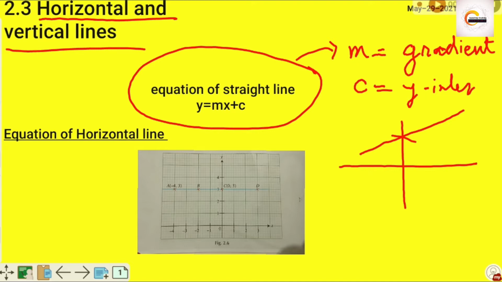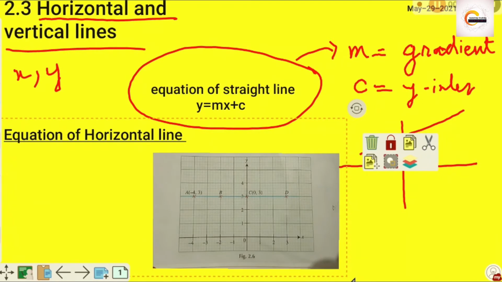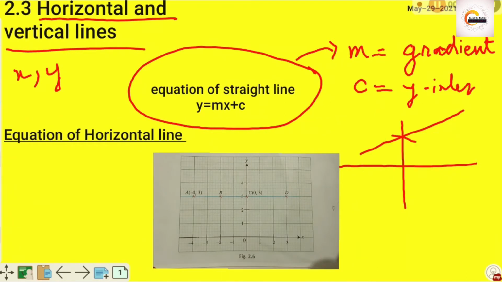Now x and y, we know, are the variables, or we can say points which lie on the straight line. To discuss the equation of the horizontal line, let's first consider this graph. As I have discussed before, if a line lies parallel to the x-axis, its gradient will be 0.